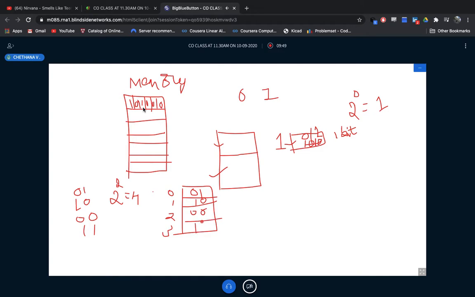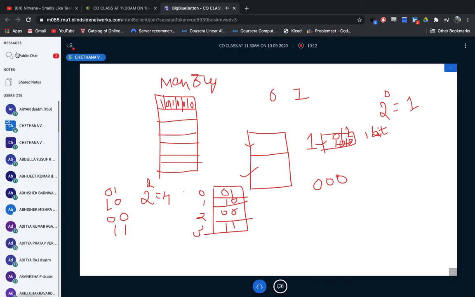Suppose your data consists of 3 bits of data, like 0 0 0. Now, can you tell me how many locations are required to store 3 bits of data? Maximum locations, how many are required? Can you give me the answer? Yeah, 8.